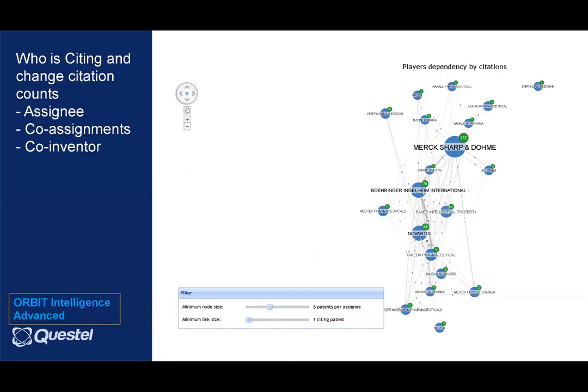You can prepare a co-assignee chart, or a chart based on citations, showing how the players are dependent on the citations. This gives you a very good scenario of how your competitors or the other assignees are working. Are they collaborating with someone, and how many patent documents do they have in common between them.